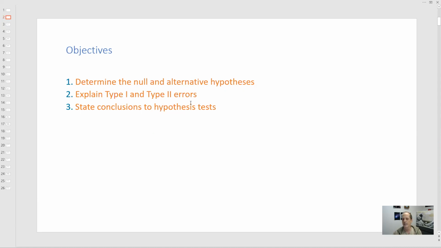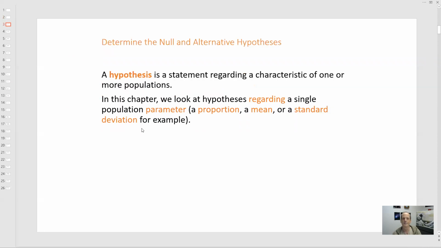Then we're going to state the conclusions of our hypothesis test, a formalized way to state our conclusion, so it's all understandable in the community. The hypothesis is a statement that might be regarding a proportion, a mean, or a standard deviation. Those are the three parameters we're going to consider in our hypothesis tests.